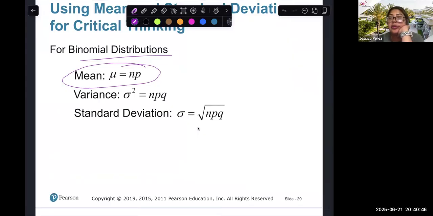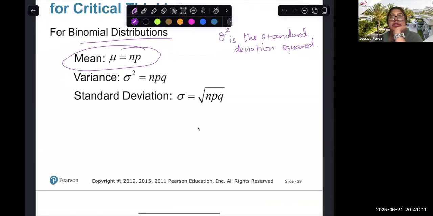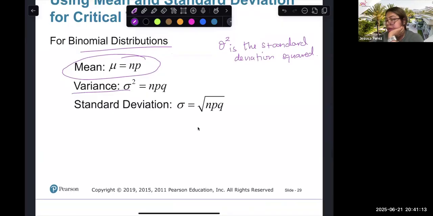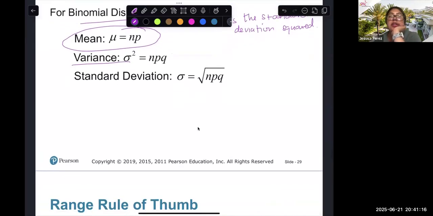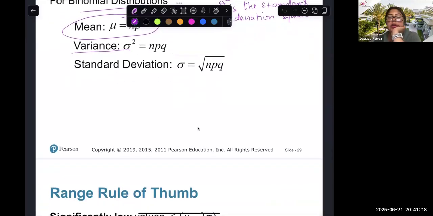And the variance, remember, is the standard deviation squared. So that's n times p times q, and for the standard deviation, we just take the square root of that.